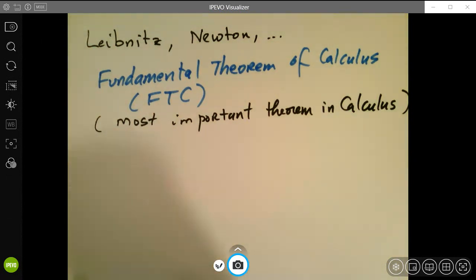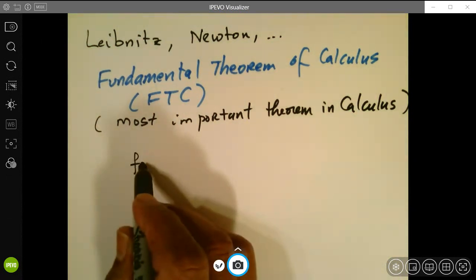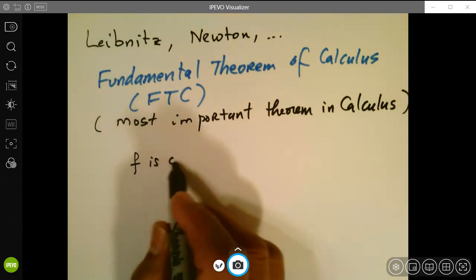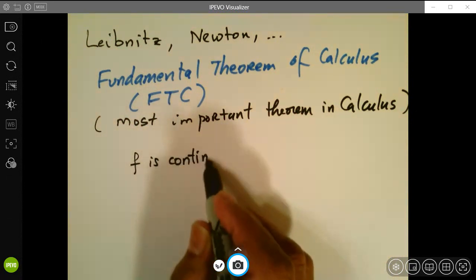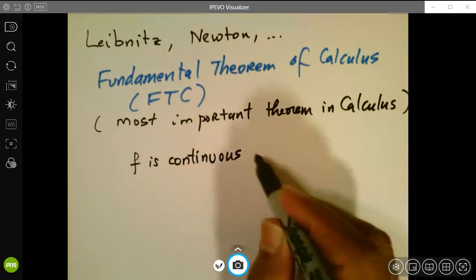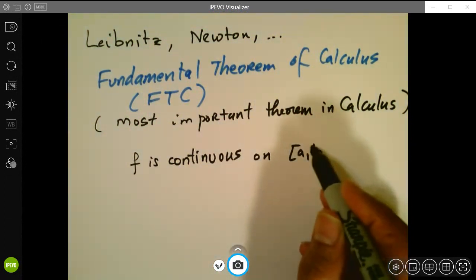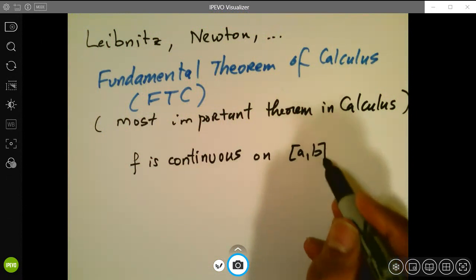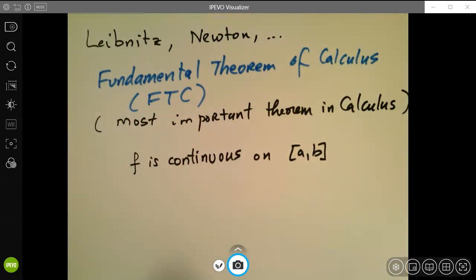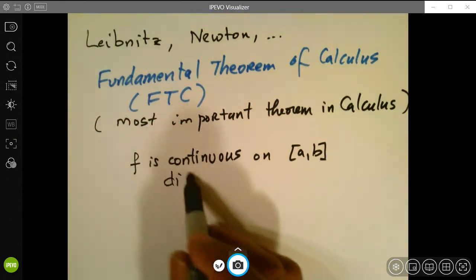If f has nice properties, f, of course, is continuous on some closed interval [a, b]. It has a derivative, differentiable.